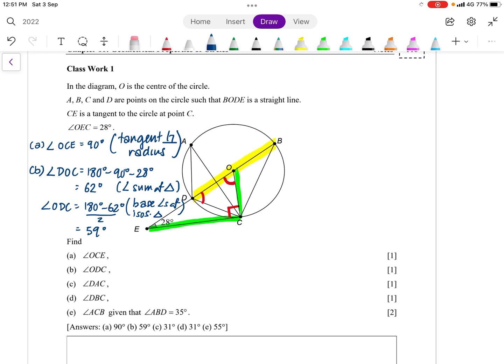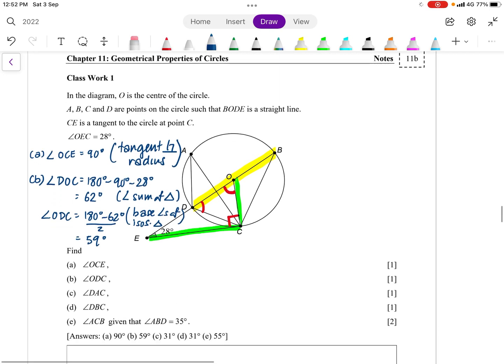Part C, DAC. But before that, a good habit will be to update neatly the answers that you have found. DOC is 62. ODC is 59. Okay, by writing down, it will give you more angles to find the other angles.